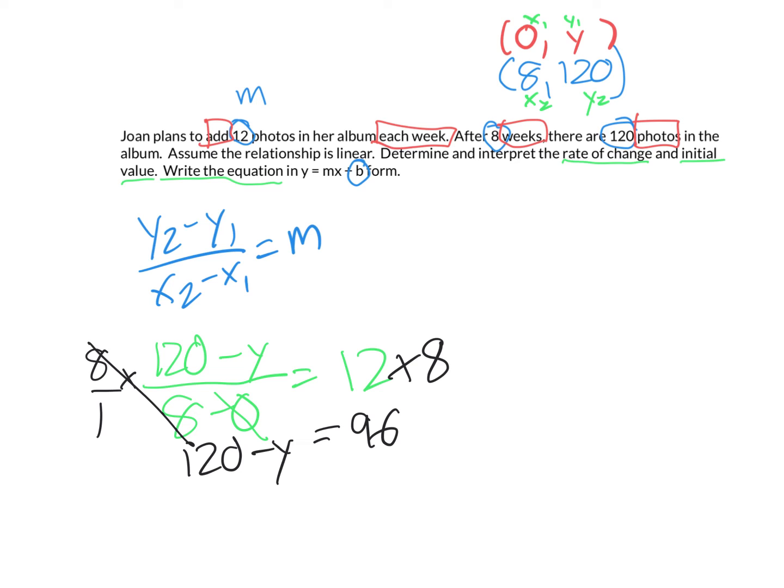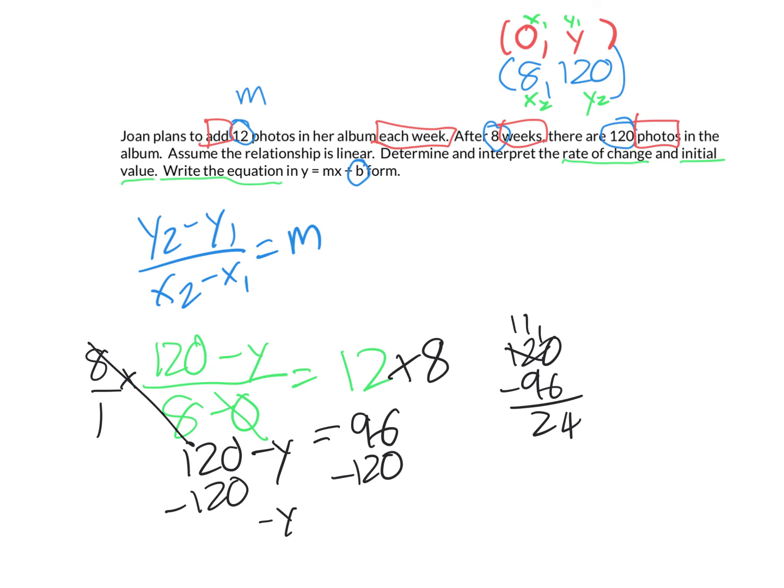I need to get rid of the 120. I am going to subtract that from both sides. 120 minus 96 is 24. So I have negative y equals negative 24. Multiply both sides by negative 1. And I've got y equals 24.